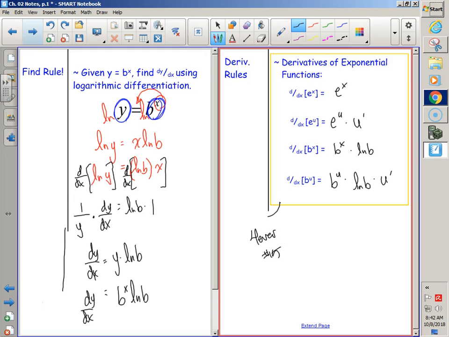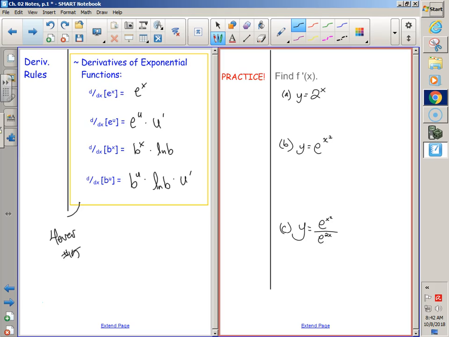So let's check it. What if you have the derivative of 2 to the x? It's an exponential. It stays the same, except it's not just 2 to the x, but that's the beginning. Derivative of 2 to the x is 2 to the x. It's a 2, not an e. So what do I need? ln of 2.